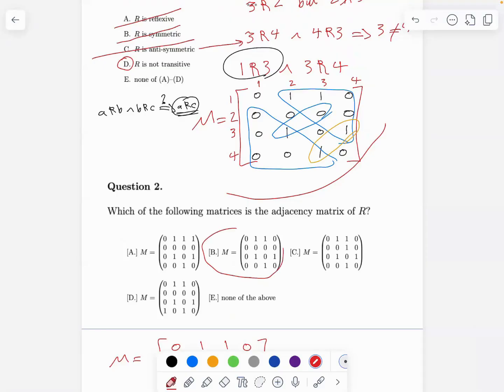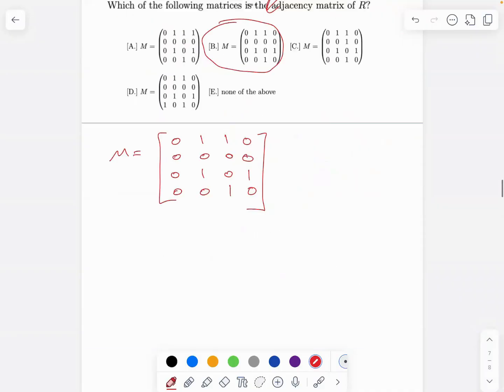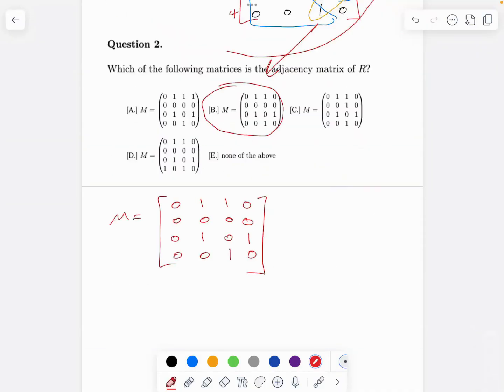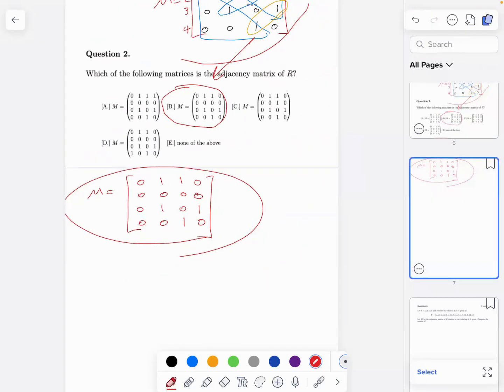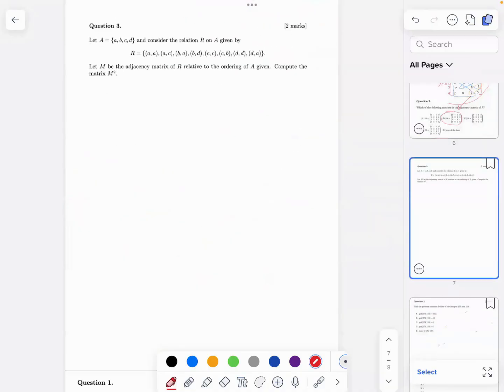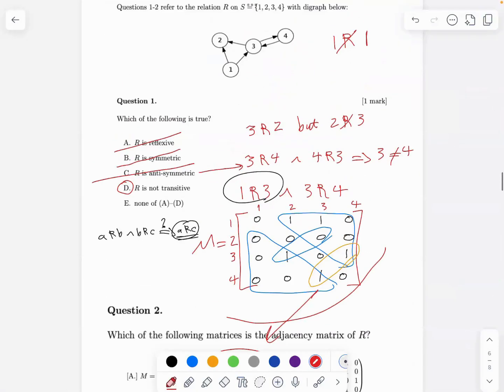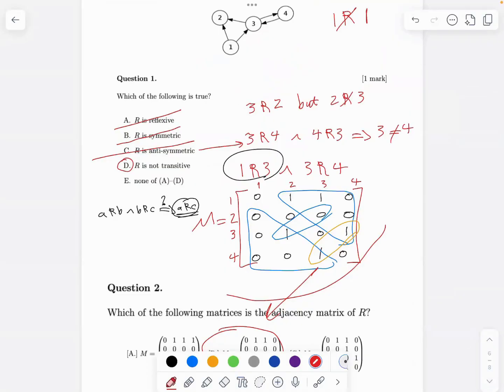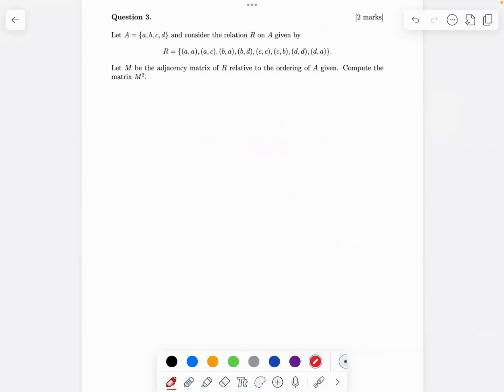So the answer is this because of this. M squared is coming from here. It is coming in the next question, so let's delete this extra page. All right, is there any question about this?